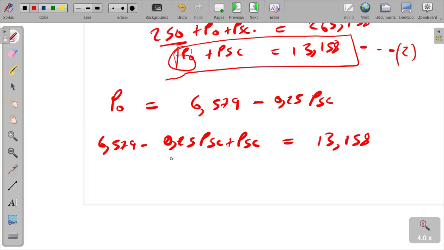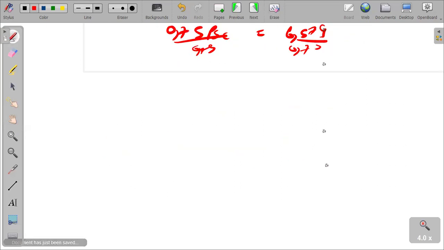So it means that now I have 0.75 PSC is equal to 6.579. I now divide by 0.75, which means I end up having PSC is equal to 8.772 kilowatts.